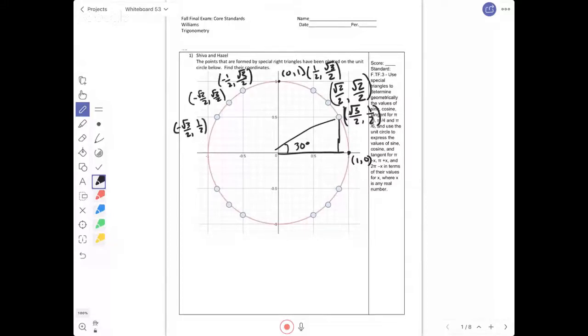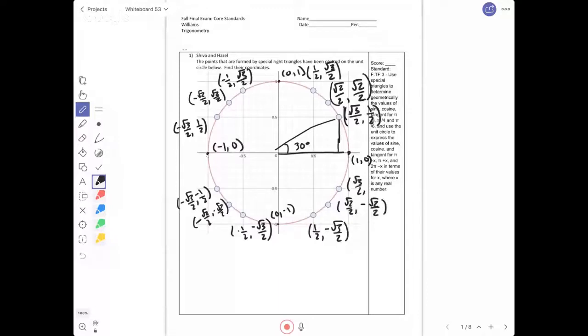Over here is negative 1, 0. Here I've got negative root 3 over 2, negative 1/2, negative root 2 over 2, negative root 2 over 2, and negative 1/2, negative root 3 over 2. This spot is 0, negative 1. Here, 1/2, negative root 3 over 2, root 2 over 2, negative root 2 over 2, and root 3 over 2, negative 1/2.